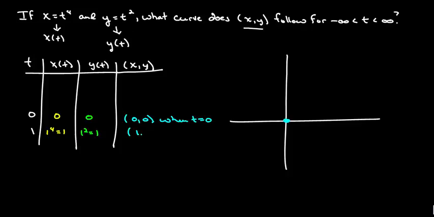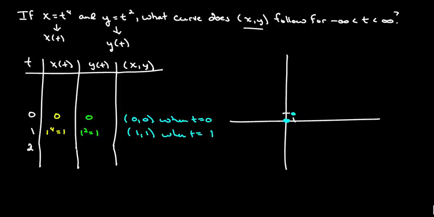So the point (1, 1) is on the curve when t is equal to 1. Let's plot that: 1 over, 1 up. This is when t is 0, and this is when t is 1. Let's try 2 and 3, and then we'll go in the negative direction.